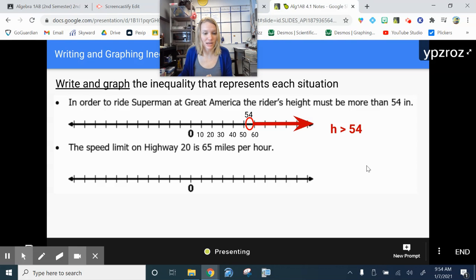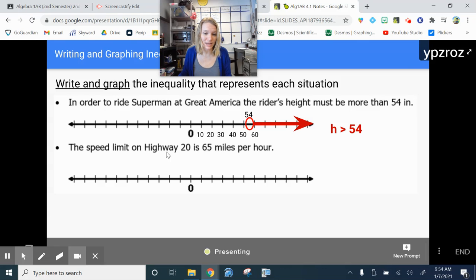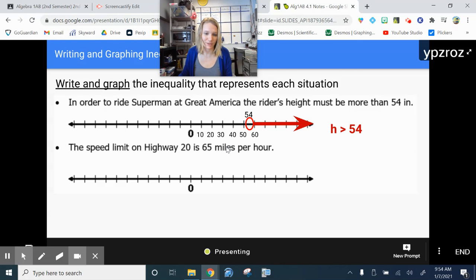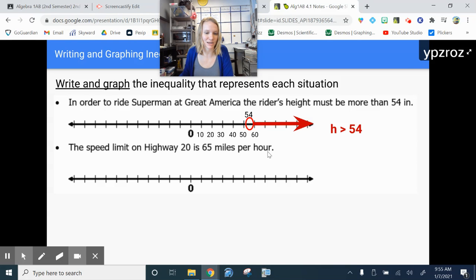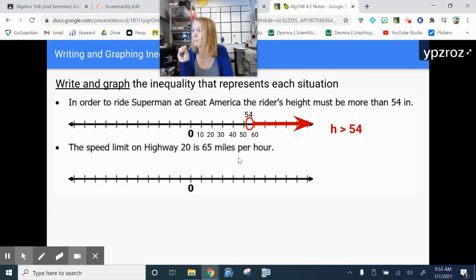Then our second one says the speed limit on Highway 20 is 65 miles per hour. Highway 20 is actually not important. It's the 65 miles an hour that's the speed limit. That's the important part of our statement here. If the speed limit is 65, you're not supposed to go faster than 65. Not saying that people don't, but you're not supposed to.